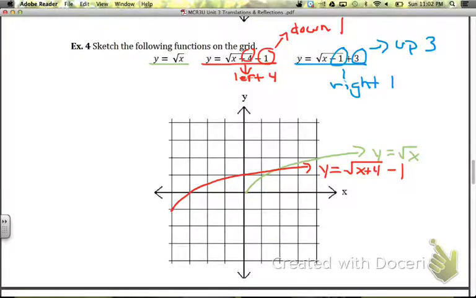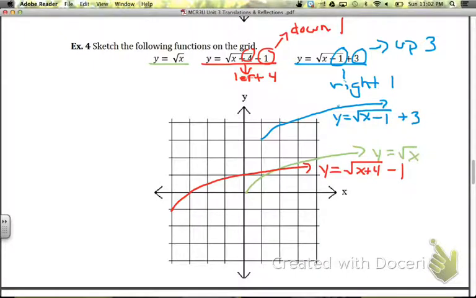So again, starting from your base function, our green function here, we're going to move right 1 and then up 3. And we have our other points that we can also graph here. Connect them. Our last point there is off our grid a little bit. And make sure we label.